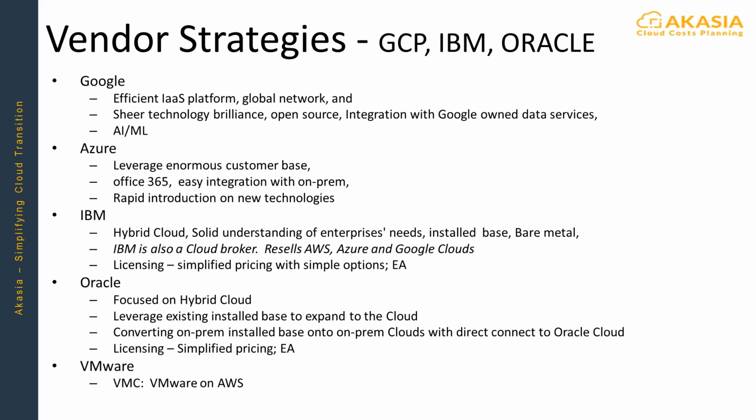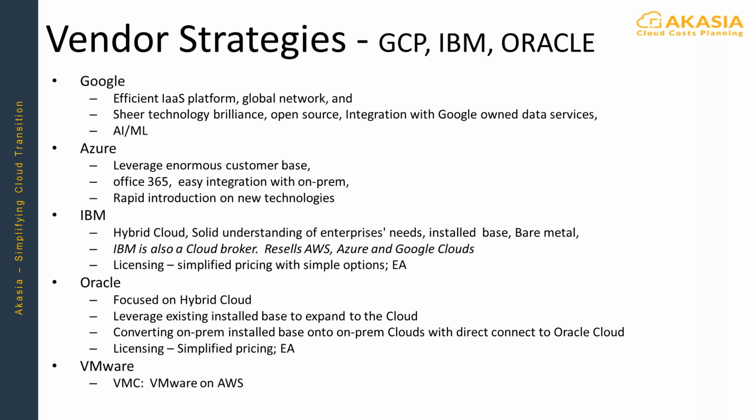So if you took a big, broad look around, the big players are Google, Azure, IBM, Oracle, and VMware. We will talk a little bit about VMware later in a few minutes as well. In Google, it's about the most efficient data centers and IaaS platforms. So they're able to squeeze a lot of cost out of their infrastructure, which they are able to pass on to the customer.